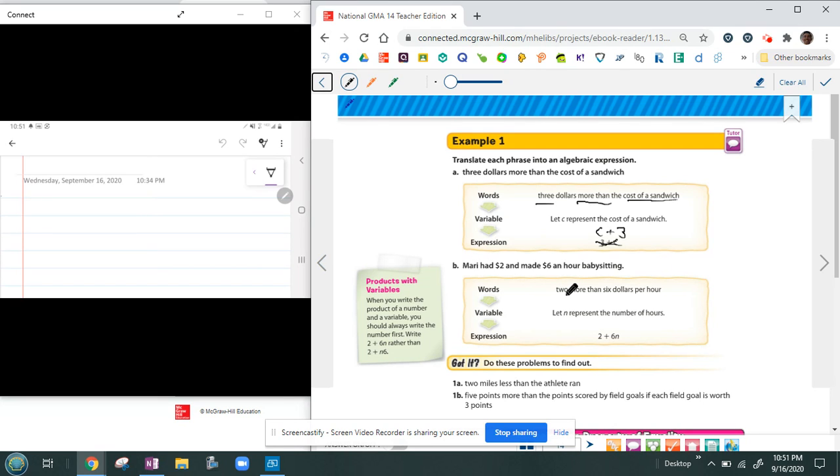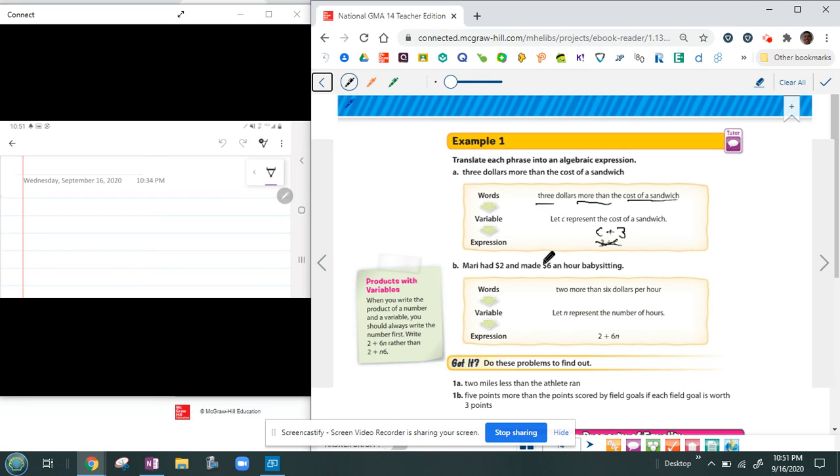Okay, here we go, part B. Mari had $2 and made $6 an hour babysitting. You might read that first and be like, there's no unknown. It told you everything. Well, the thing is, they didn't ask a question, so it is a bit confusing at first. But if you think about it, you don't know how many hours he was babysitting.